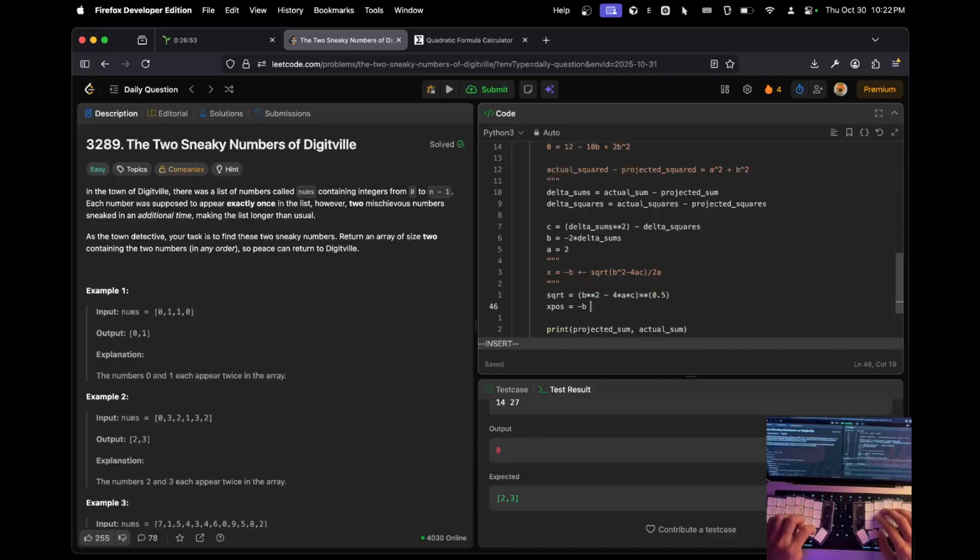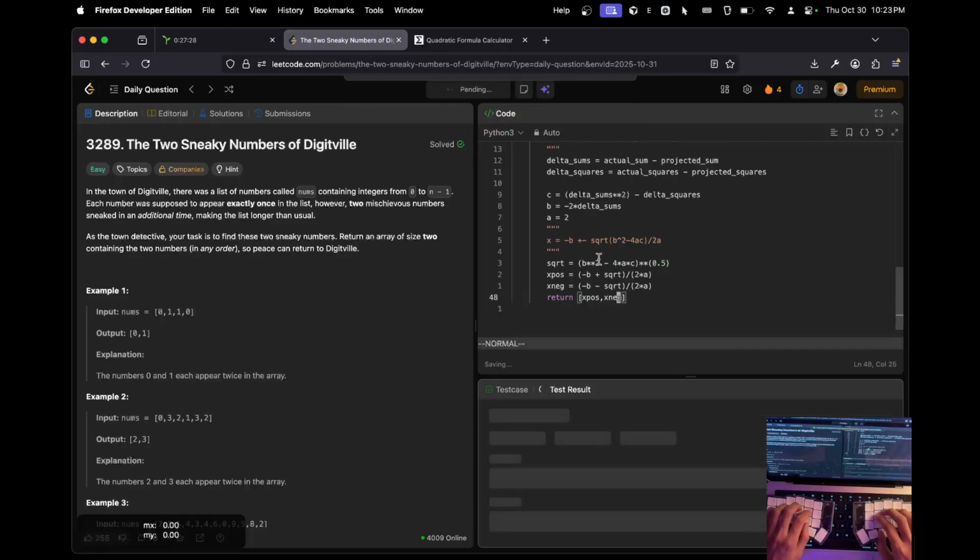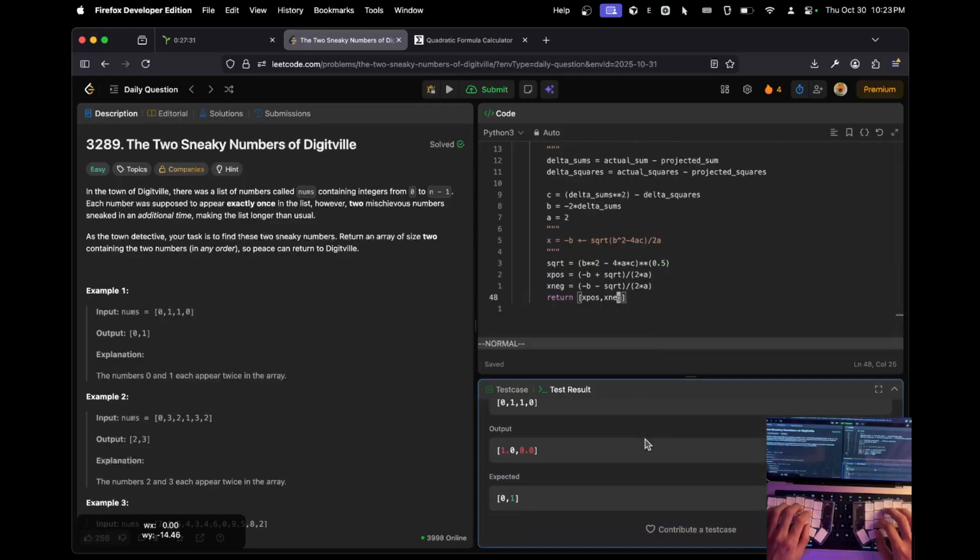If not, that'll be very annoying. Negative b plus the square root, divided by 2 times a. Then just going to return the positive and negative. I believe. Hopefully this is correct. Oh, we're so cooked.